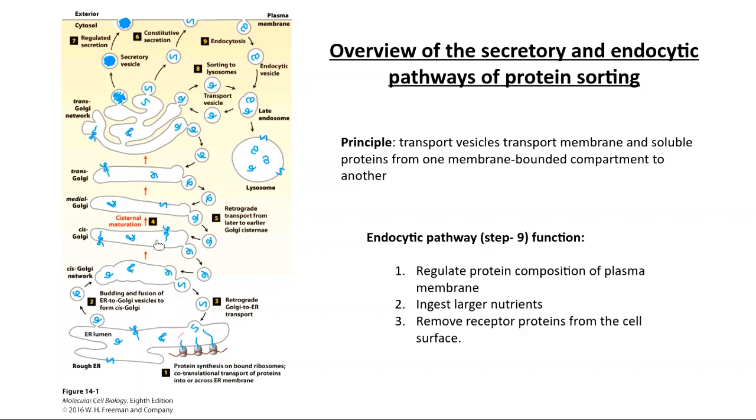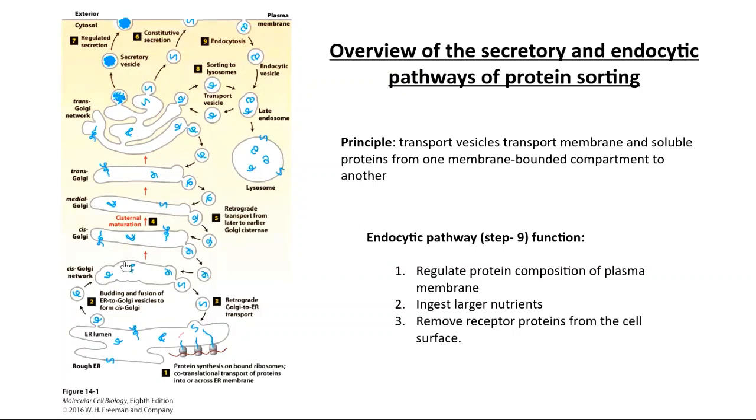Since vesicles keep budding and forming this structure, this is one layer, this becomes the second layer, and other layers we'll discuss. Layers keep forming from the ER. The second step is the budding and fusion of ER-to-Golgi vesicles to form the cis Golgi, which is this step.